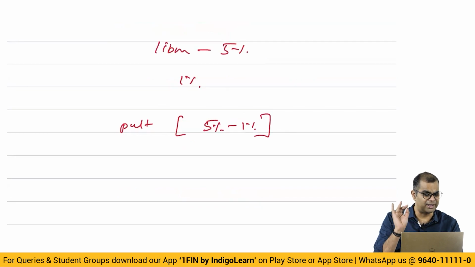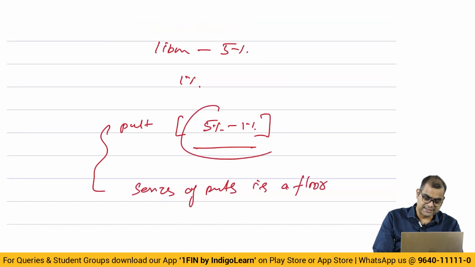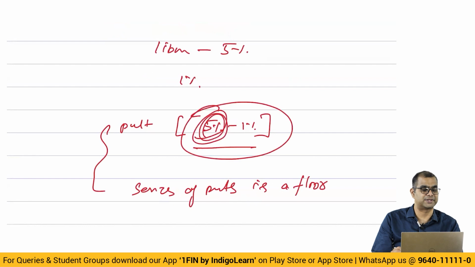For this they will pay a premium. How the premium is arrived at is independent. This money they will get. A series of puts is a floor. So your bank's interest income is protected at 5%. Even if the market rate goes to 4, 3, 2, 1, whatever, they will continue to get the differential between the market rate and the rate that they want. This is called a floor. A cap is a series of calls, a floor is a series of puts.